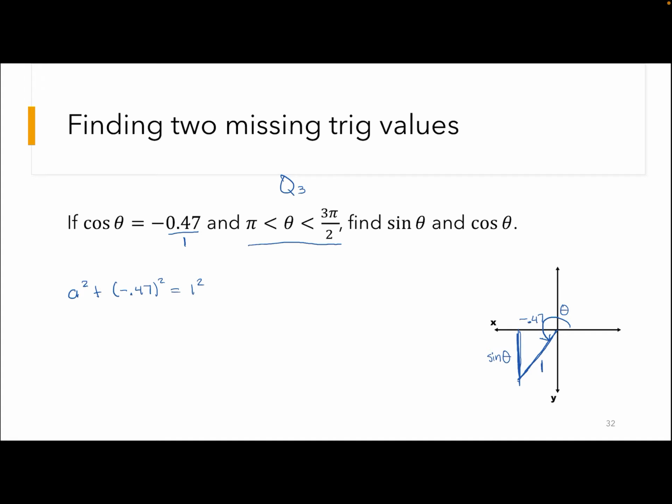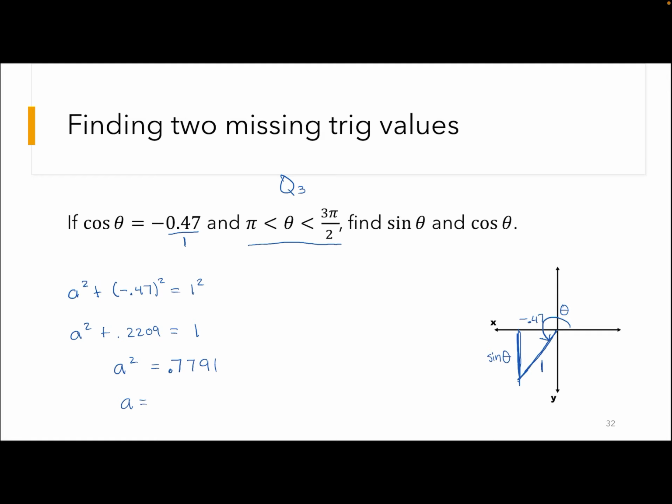So 0.47 squared is 0.2209, so a squared plus 0.2209 is equal to 1. So a squared is going to equal 1 minus 0.2209, which is 0.7791.